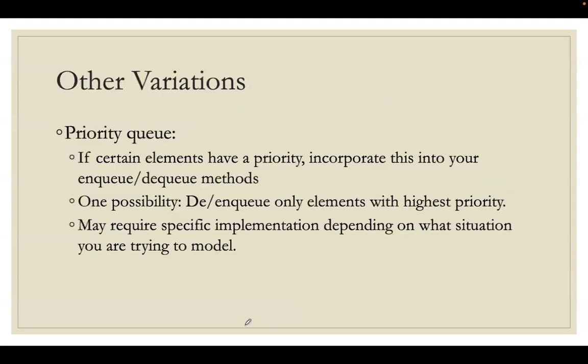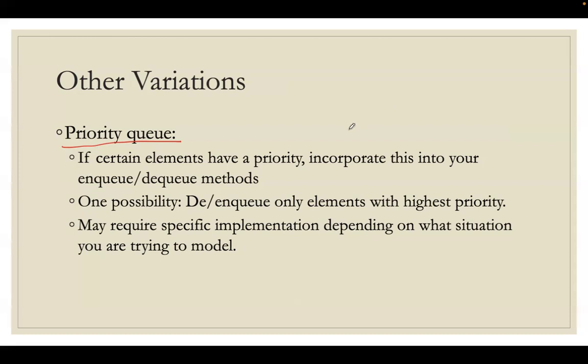Other variations for queues, at least, one of the really important ones is a priority queue. This sort of thing happens on your computer all the time, where there are things that your operating system needs to do. Like it needs to move the clock forward, it needs to retrieve something from memory. There are things that need to happen every 5 seconds, every 10 seconds, where if this thing doesn't happen, then your computer crashes.